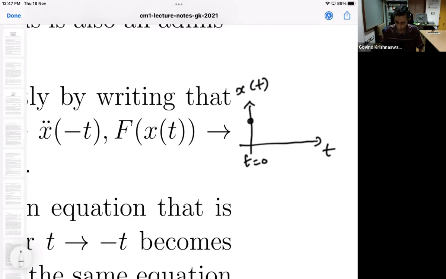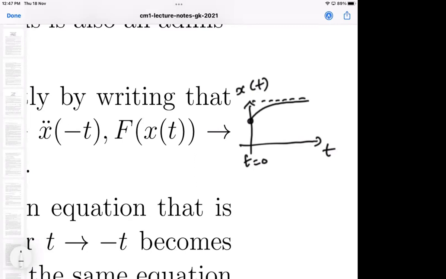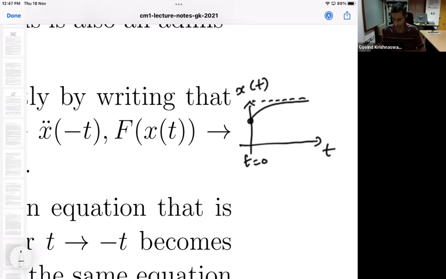After all, it's going to move. But eventually it comes to rest. So is that plausible, that this is the trajectory of a particle? Yes, sir. That is one possibility. There are other possibilities.